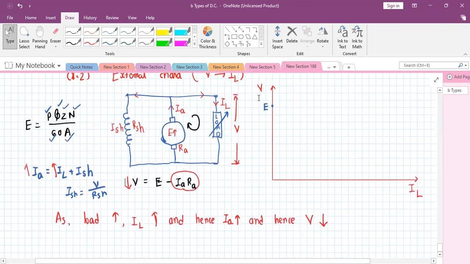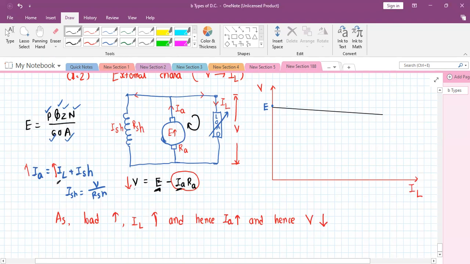It approximately looks like this, because E is more, but now we are subtracting something from E, which is the product IR, and IR depends upon IL.